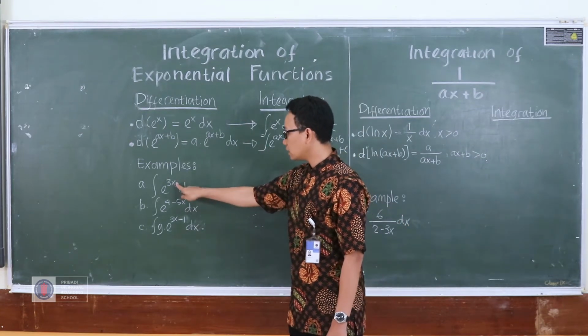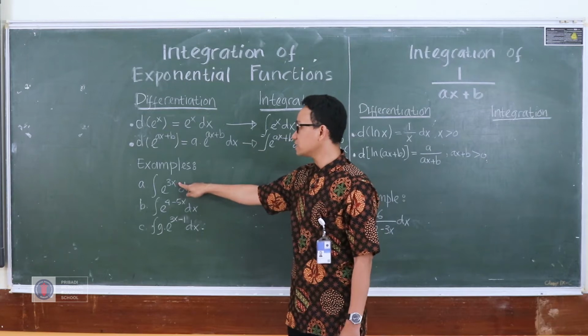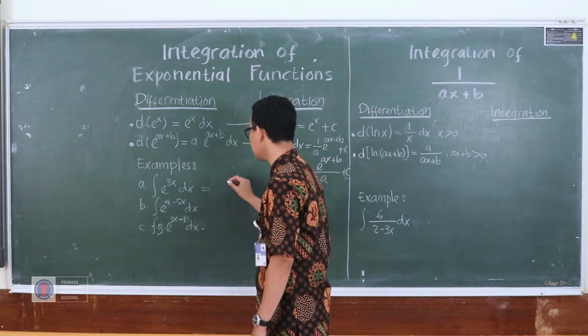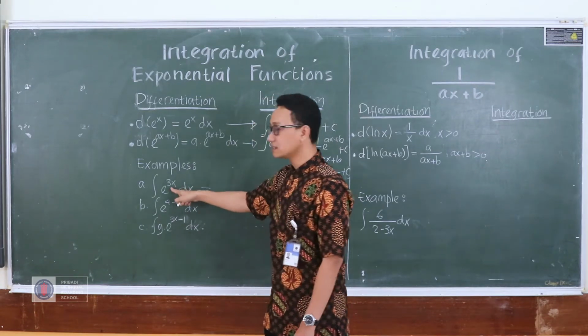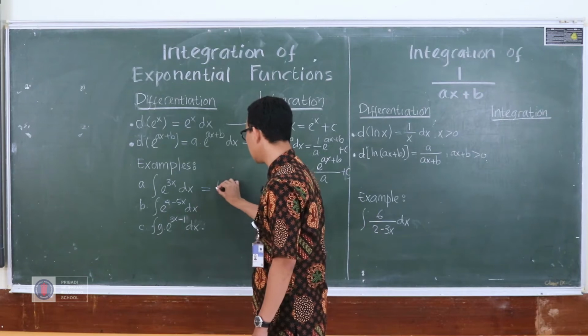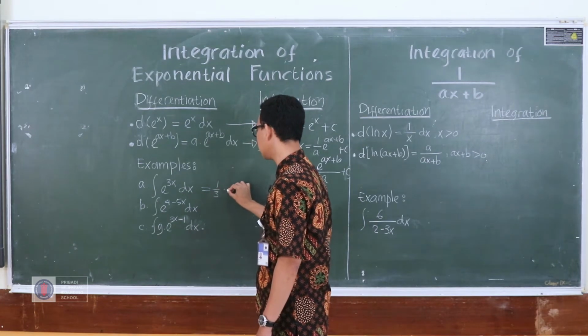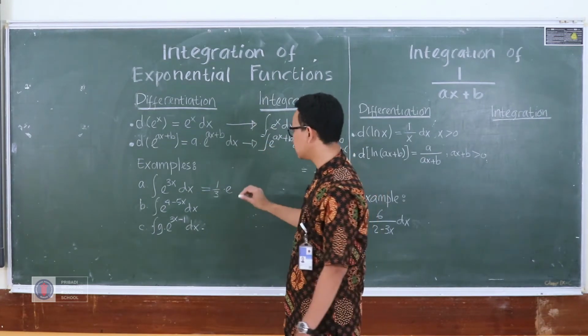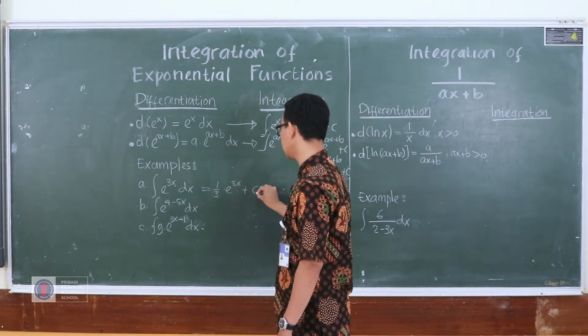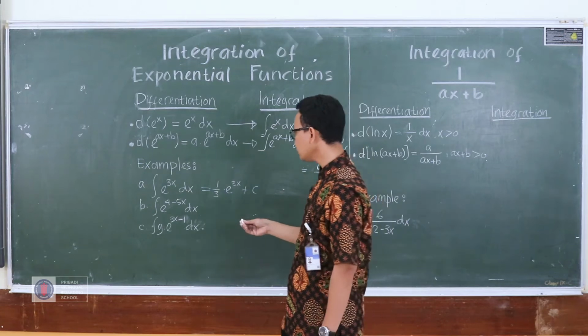Look at the index here, 3x, it means we use the second, right? So we just simply write, remember, the derivative of 3x is 3, so it will be 1 over 3 multiplied by e to the 3x plus c. All right, don't forget.